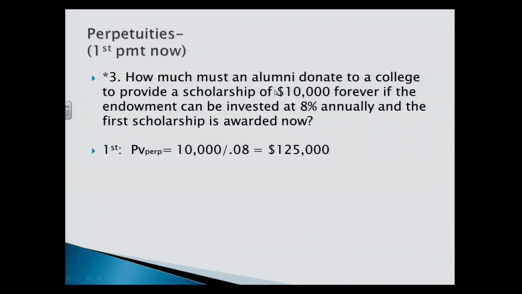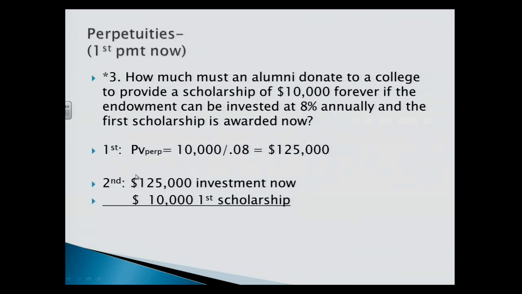Okay, but you want it. So if you invest $125,000 today, you'll have $10,000 in interest in a year. However, you want to give away $10,000 today, now. So just add $10,000 on to the present value of the perp.